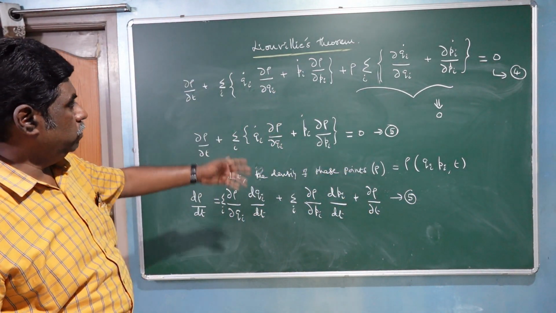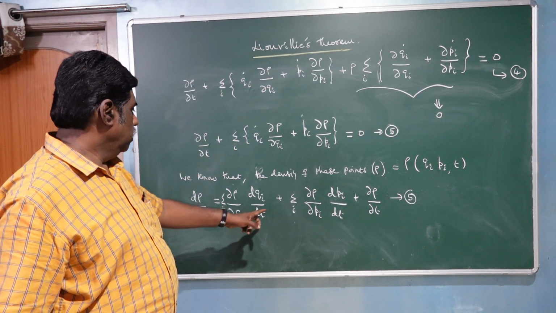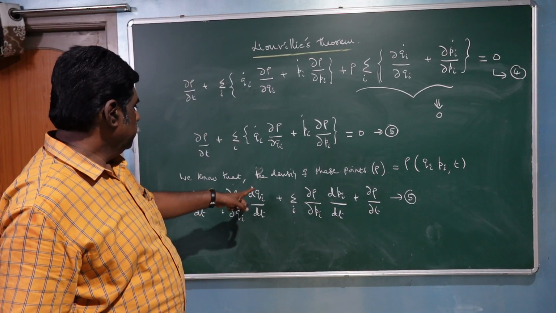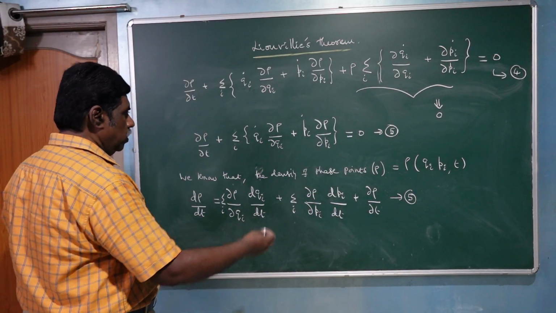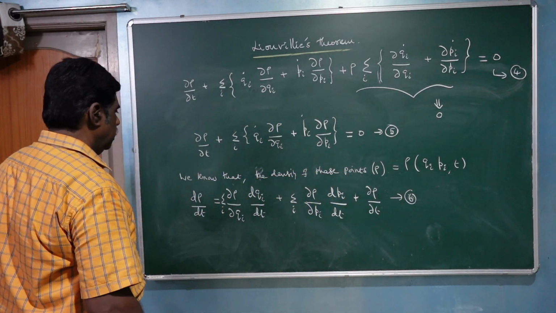Now compare these two equations. Here the dou rho by dou t term is present. Now you have to modify this further.